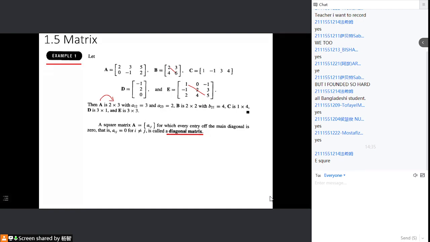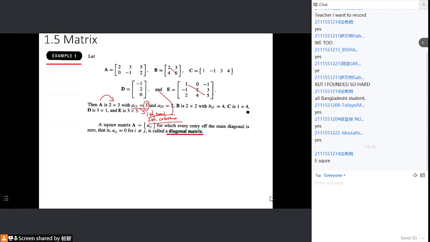Okay, and we can get that A12 is equal to 3. A12 means the location of A is row 1, column 2.